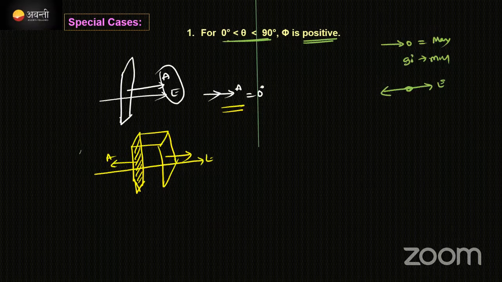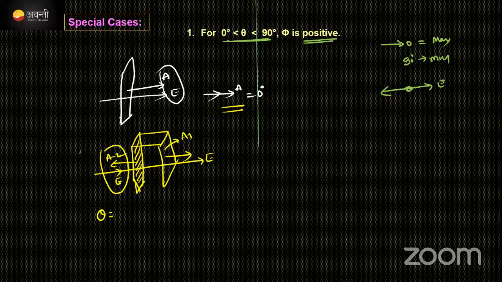This is the first area A1, this is the second area A2. Now tell me, this is the electric field direction E. Between the electric field and the second area, what will be the angle? Yes, right Rajat, right Yashaswini. Now it will be 180 degree.